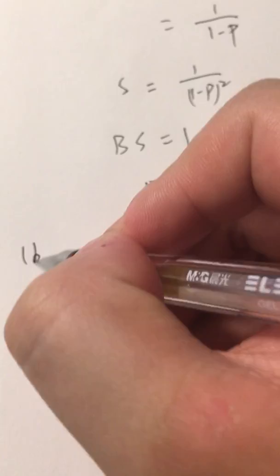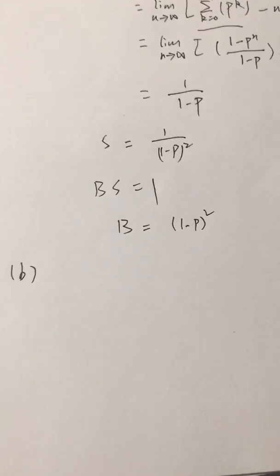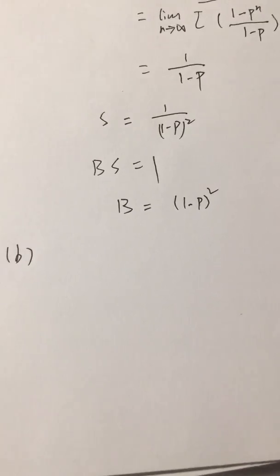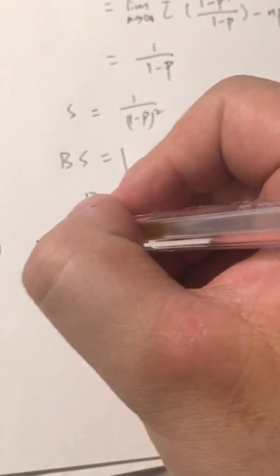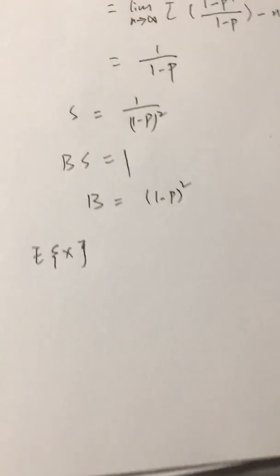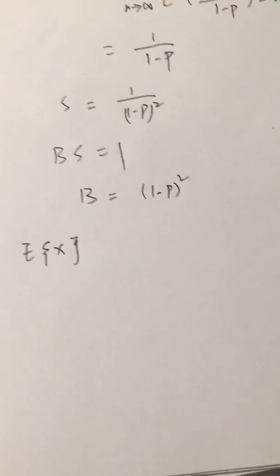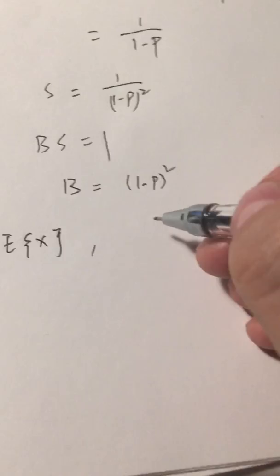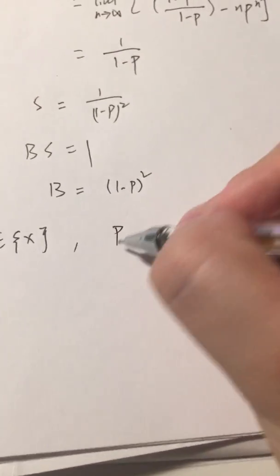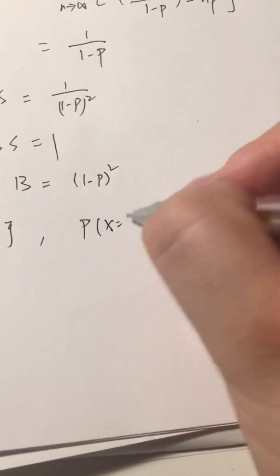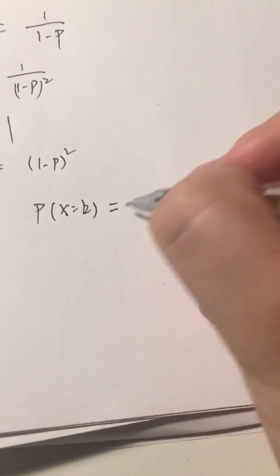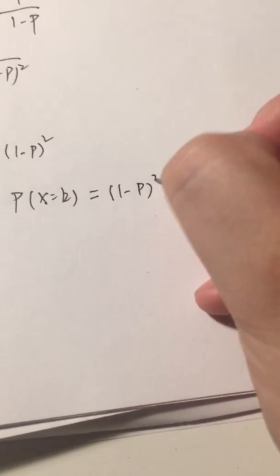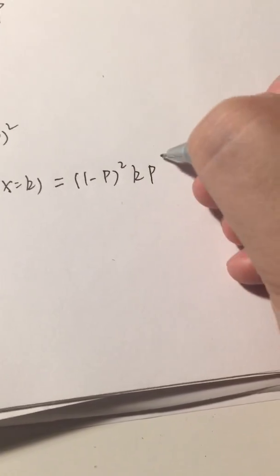And in the second question, we want to get E[X]. Firstly, we know the probability is 1 minus p squared times k times p to the power k minus 1.